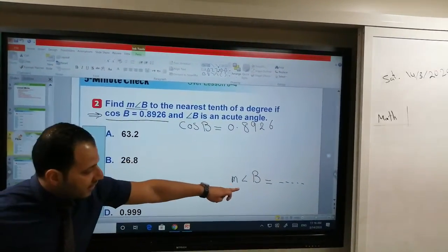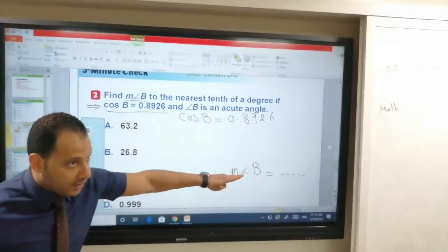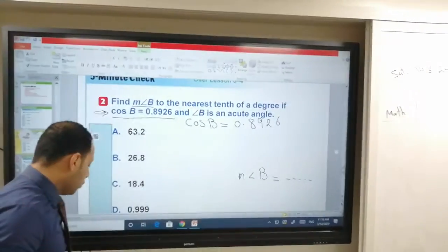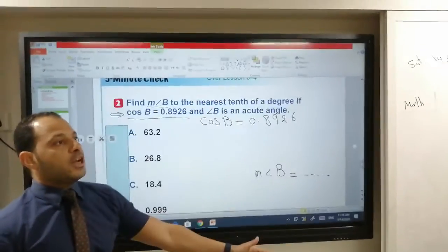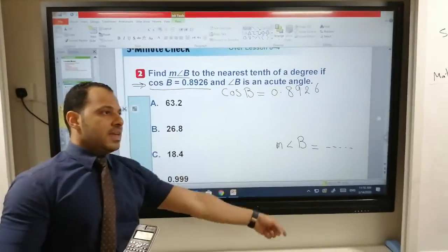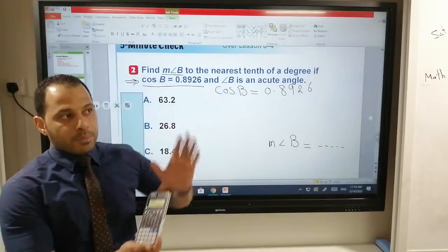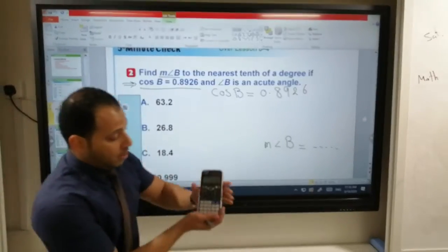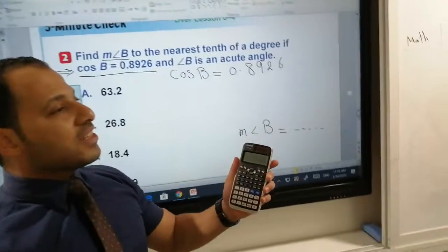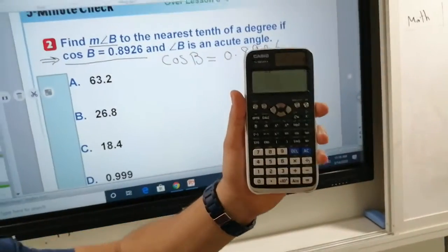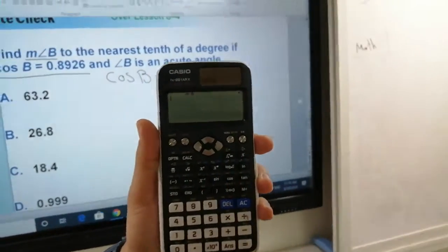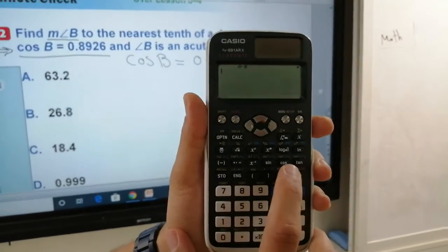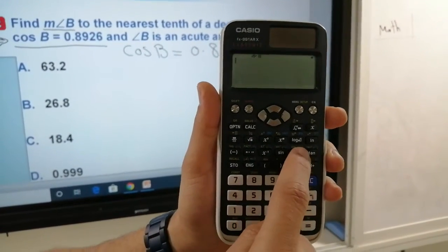If I need to find the angle, I also use my calculator. Pay attention. To find the sine, cosine and tan, just press sine, cosine or tan, then the angle. But here, we need the angle. To get the angle, we must use the concept of inverse. This is your calculator. I have cosine here, but I don't press cosine.